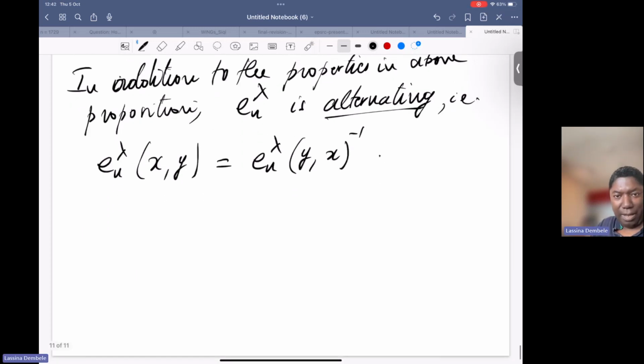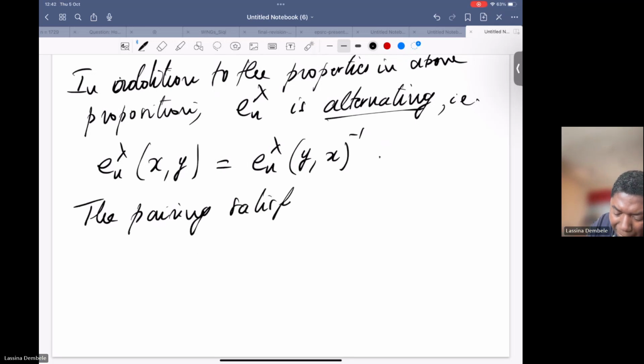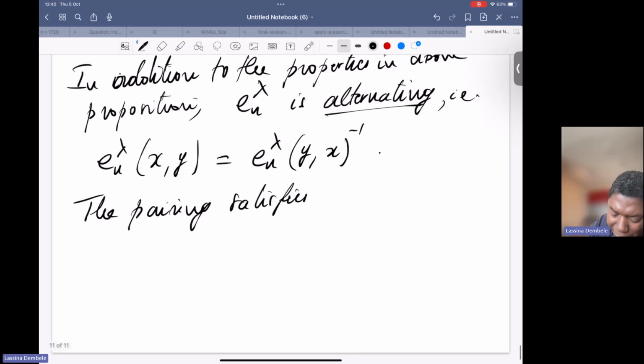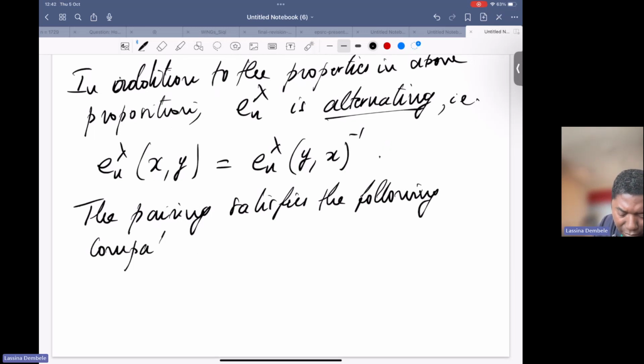So now here are some other properties of this pairing. This pairing satisfies the following compatibility property.